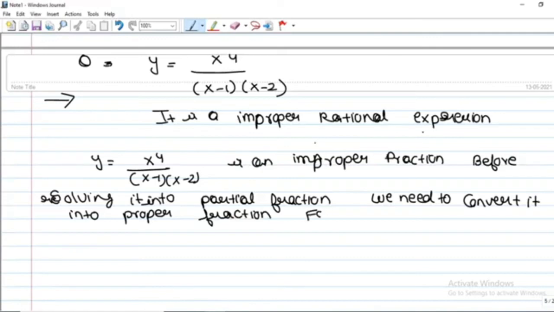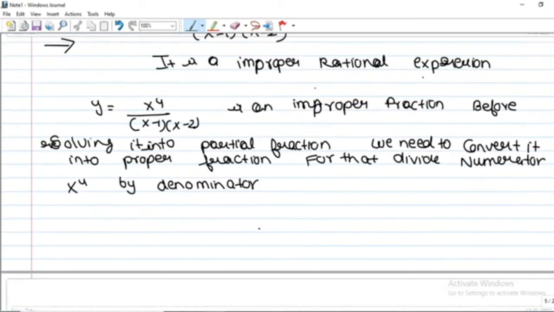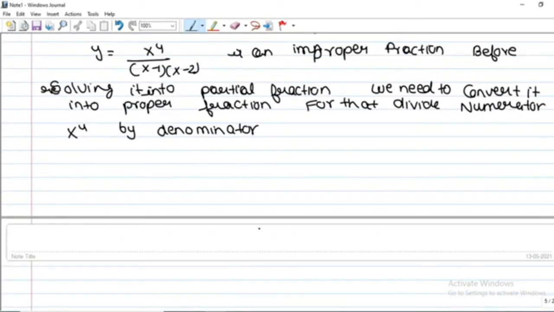For that, divide the numerator x raised to 4 by the denominator. So we are going to divide x raised to 4 by x minus 1 into x minus 2.